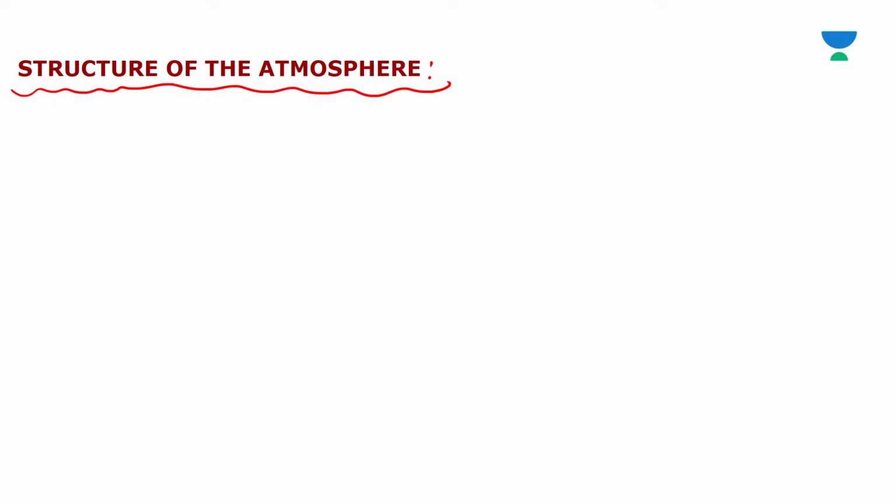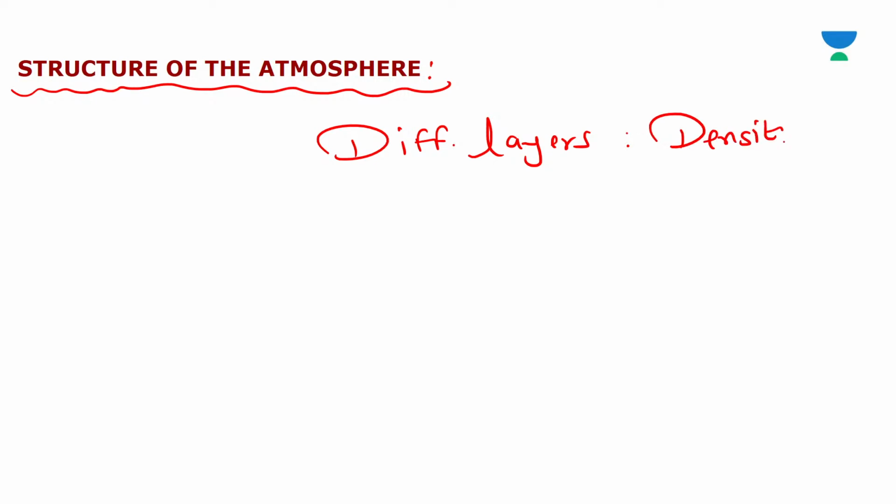Now friends, the atmosphere consists of different layers with varying density and temperature. The density is highest near the surface of the earth and decreases with increasing altitude.